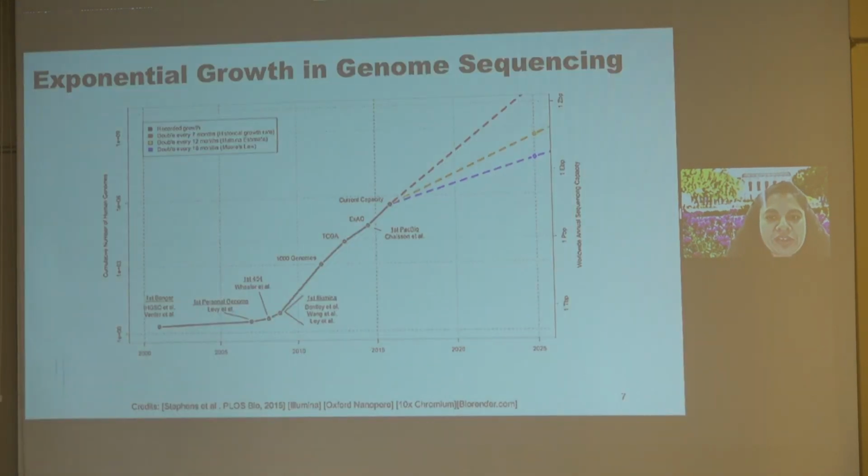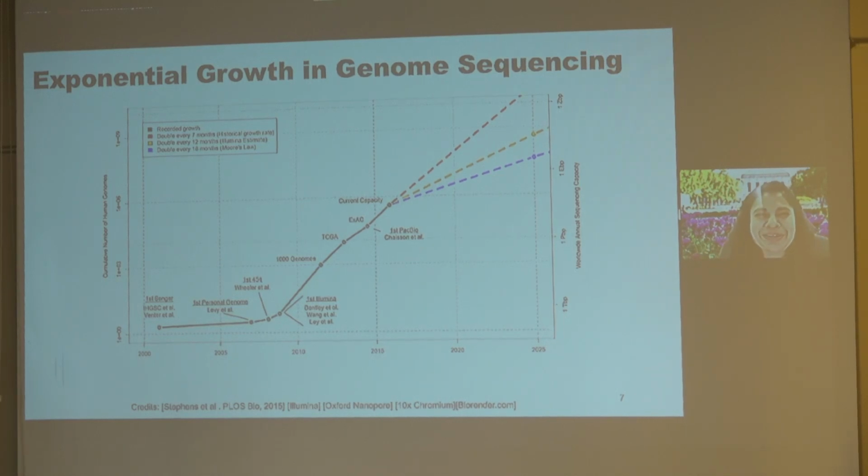So let's take a look at how sequencing has evolved. I'm sure there have been a lot of talks this morning going over this, so I'll just build a little context and rush through these. We have come a long way since the first genome was sequenced, and 1,000 genomes were sequenced not too long ago, probably 15 years back, right? But it's growing exponentially since then.